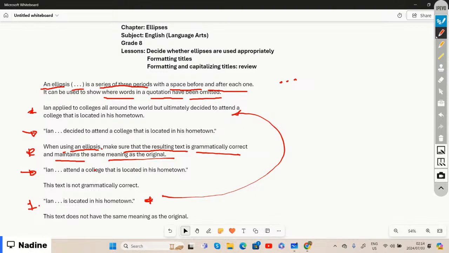And remember, we said that your sentence still needs to be correct. The result of your text still needs to be grammatically correct, and it needs to maintain the same meaning as the original sentence.